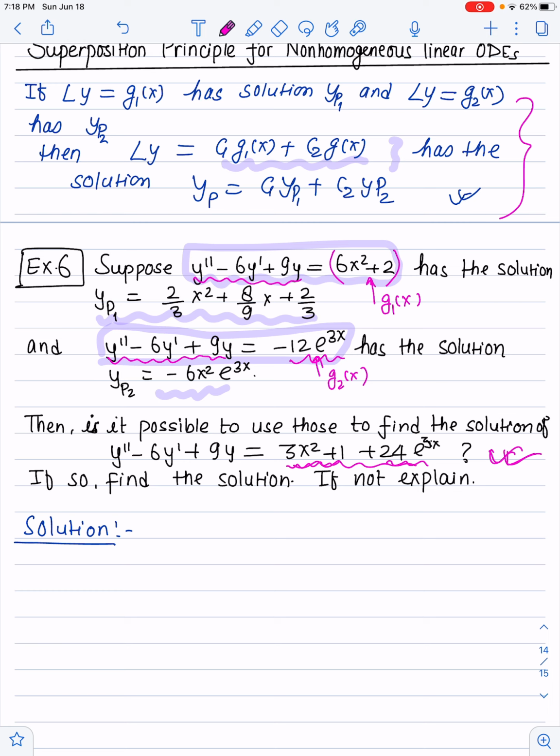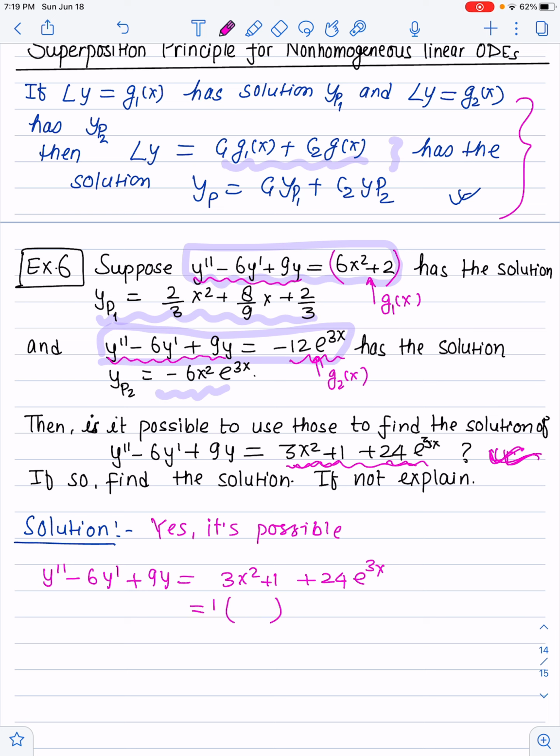So yes, it is possible to find the solution of this non-homogeneous equation. y double prime minus 6y prime plus 9y equals 3x squared plus 1 plus 24 e^(3x) can be written this way.